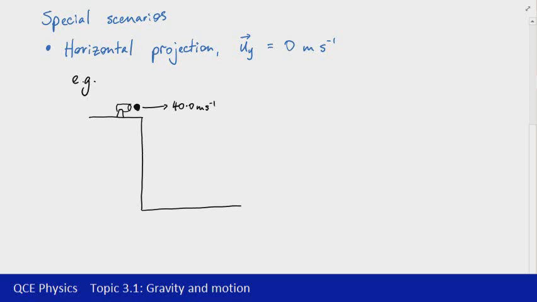Imagine that the question here was: determine how far from the bottom of the cliff the cannonball strikes the ground. So that would be the question that we're dealing with. And when we talk about the bottom of the cliff, what we're really asking is what's the horizontal distance that the cannonball has travelled.